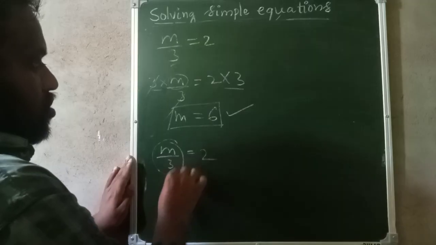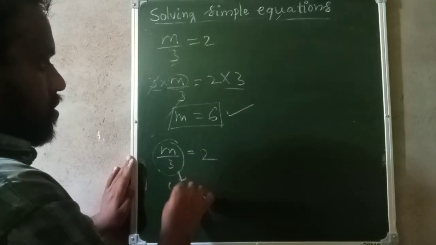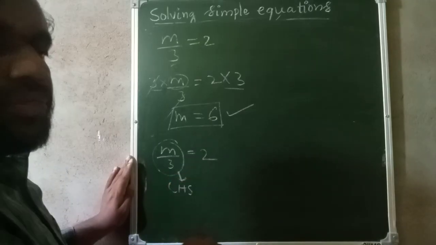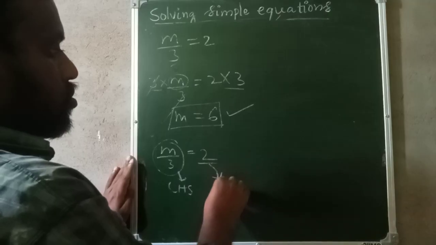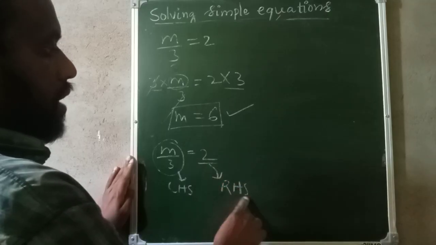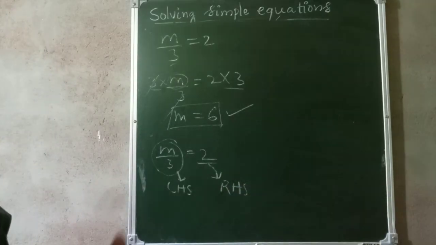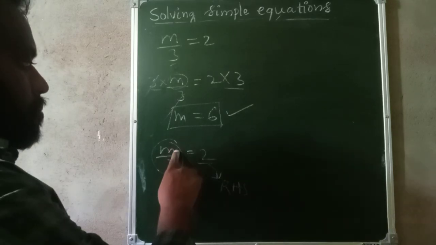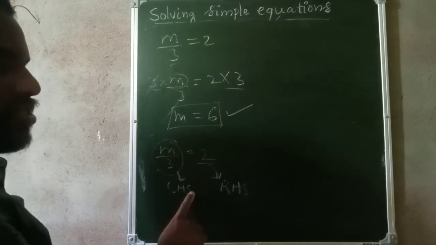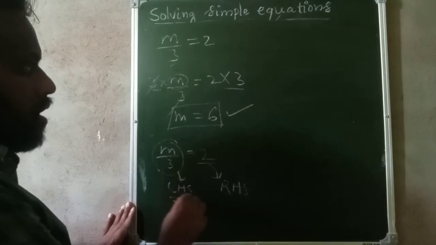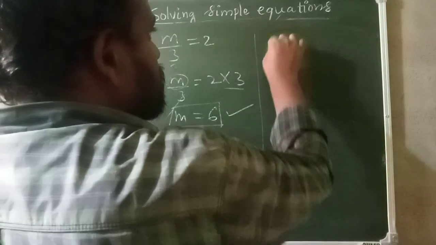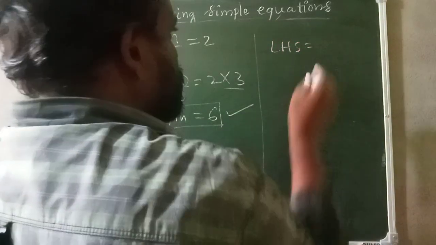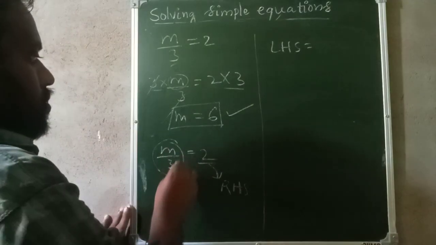This is the LHS, left hand side. This is the RHS, right hand side. See where variable m is present. Variable m is present on the LHS, so take the LHS first. LHS is equal to this m by 3.